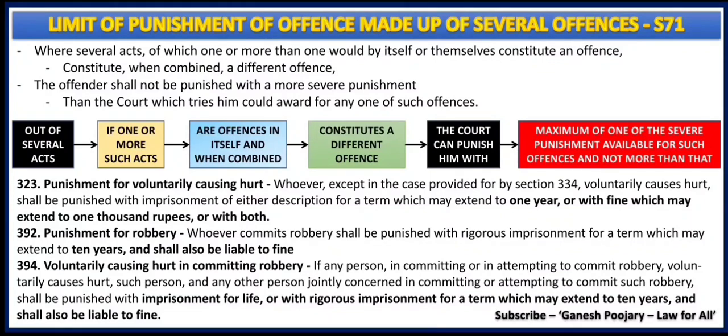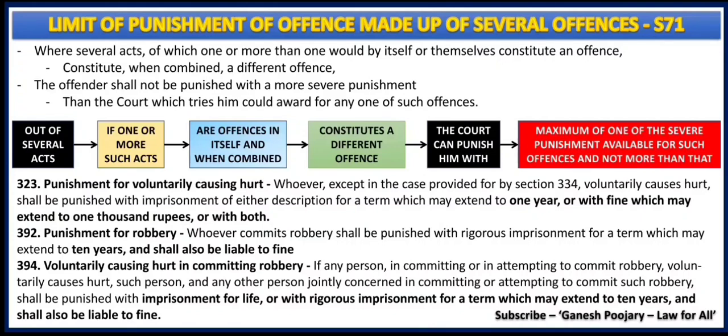So the first offense was committing robbery. Second, he has caused hurt to Mr. Z. The third offense is, while committing robbery, causing hurt to Mr. Z, which is an independent offense. Now he can be punished for any of these 3 offenses, that is under section 323 or 392 or 394.